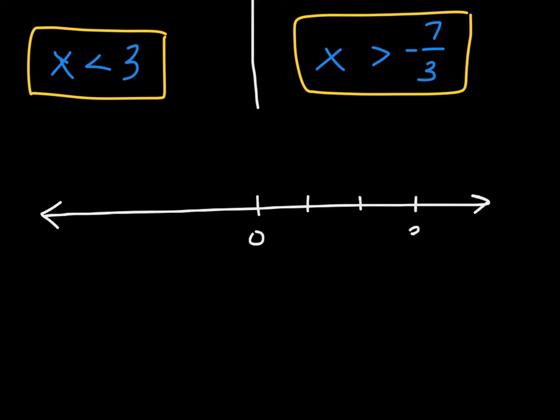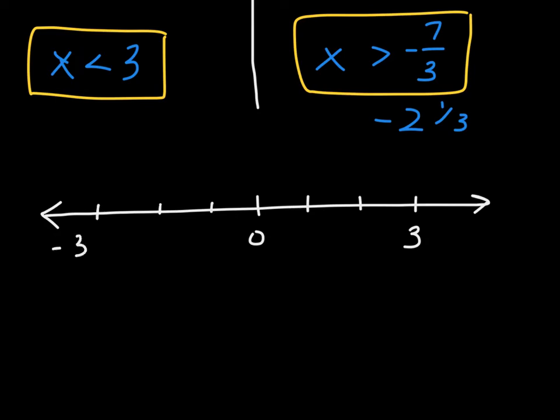Negative 7/3: notice that 3 goes into 7 twice with 1 left over. So this is the same thing as negative 2 1/3, or negative 2.3333. This value is found between negative 2 and negative 3. So negative 1, negative 2, negative 3.